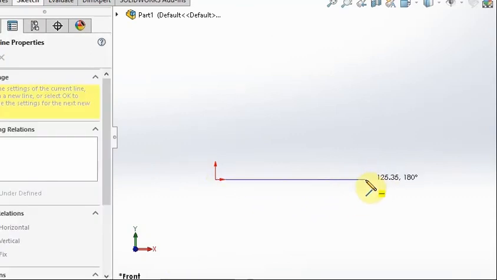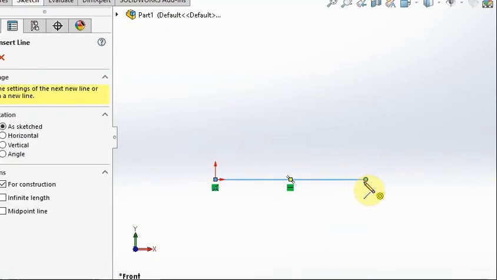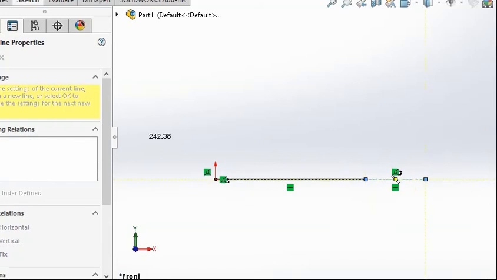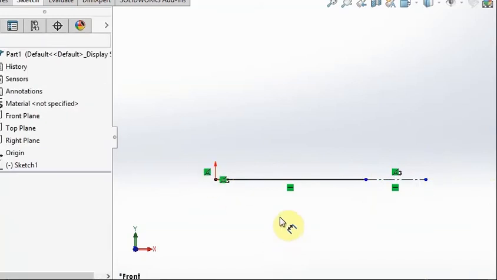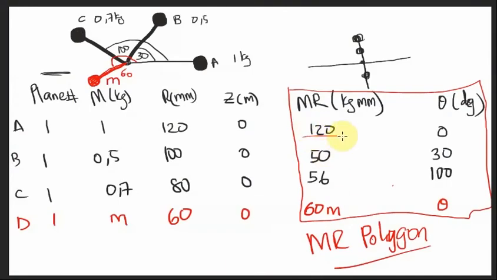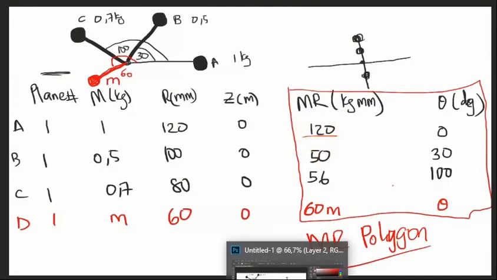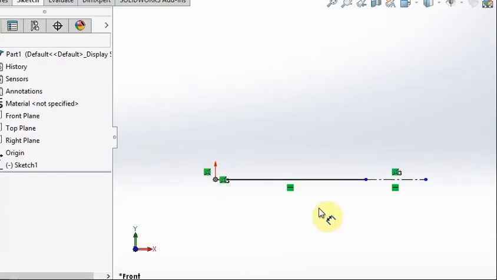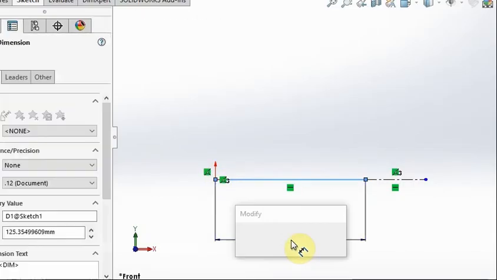So I'm going to do a sketch here. We said the magnitude of the first one is 120. If you're drawing it using pen and pencil, you're obviously going to have a scale, let's say 1 kilogram millimeter is equal to maybe 5 centimeters, depending on the size of the page you have.